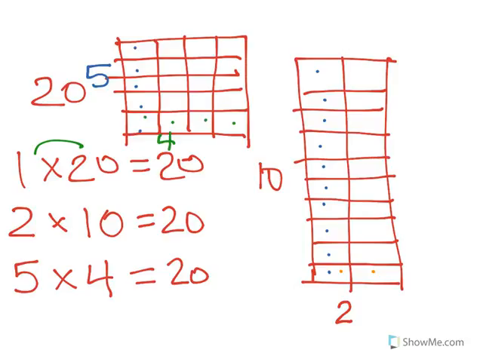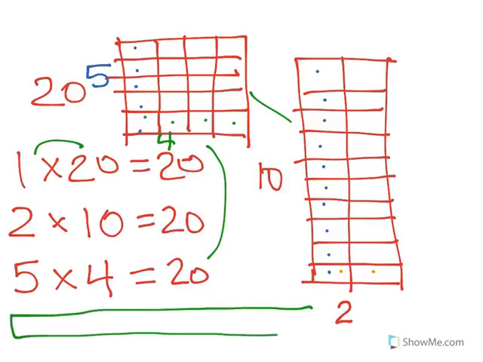So 5 by 4. These two have the same amount of boxes in them. They have 20 boxes in them. And if I had space, I could draw a really long box that was just one high and had 20 of these units.